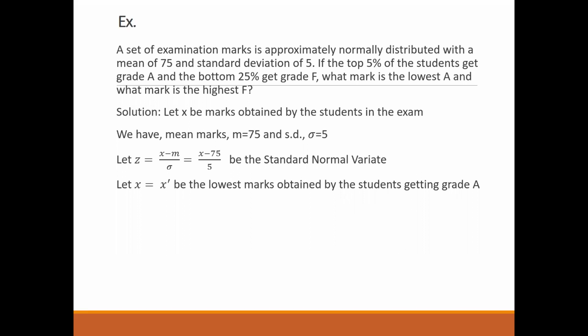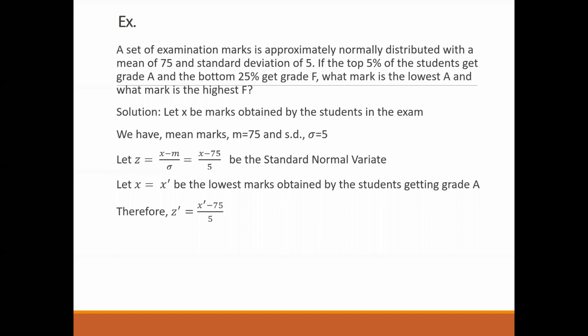If I call it X1, if X equals X1, your formula will change. You will have Z equal to X dash minus 75 divided by 5. That will be my formula.